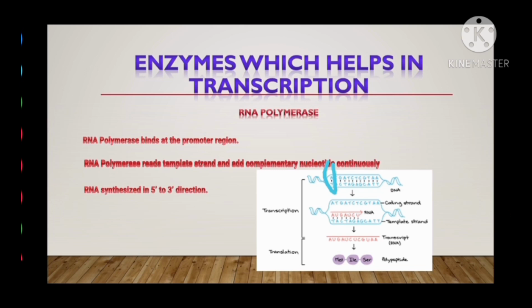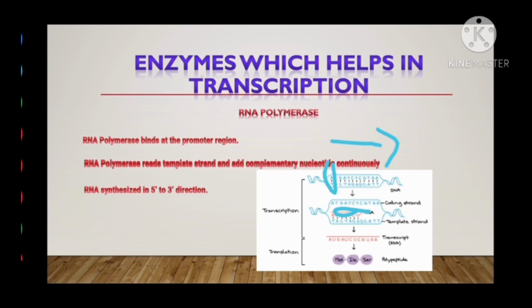Now as the RNA polymerase moves along, it reads the strand and continuously keeps on creating the complementary strand. That is, the complementary strand is being created at the same time.